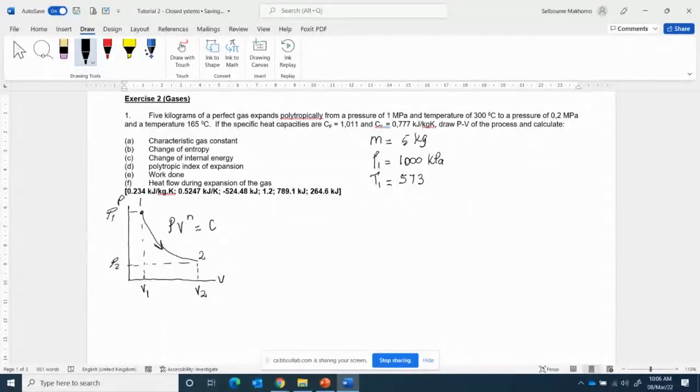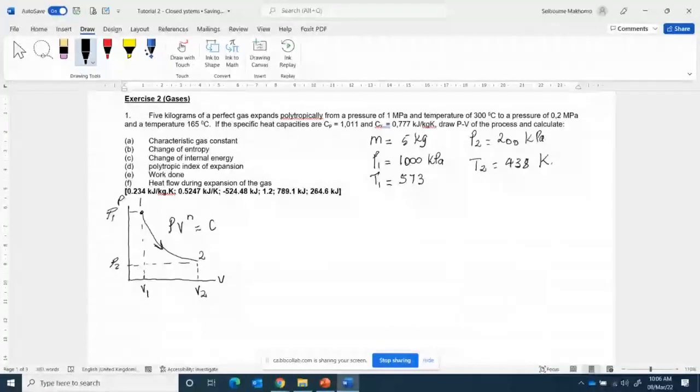Now it expands from 1 megapascal to 200 kPa, so P2 is 200 kPa. And T2 is 165, 165 plus 273 is 438, so T2 is 438 Kelvin.